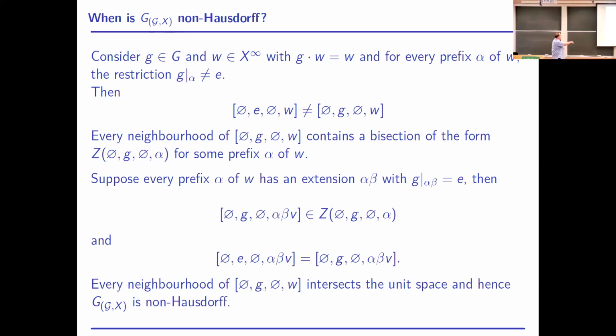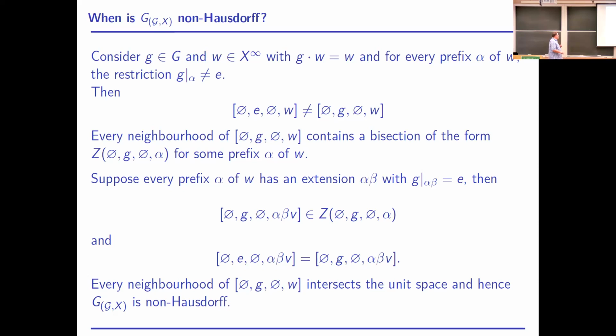So if every prefix alpha of W has some extension alpha beta, where the restriction of G to alpha beta is just the identity, then this groupoid element is going to be inside this basis element, inside this compact open set around GW.